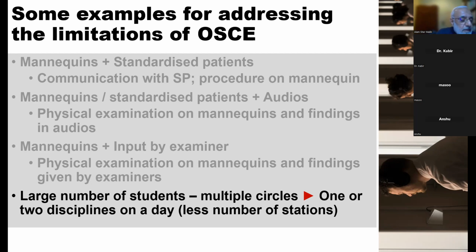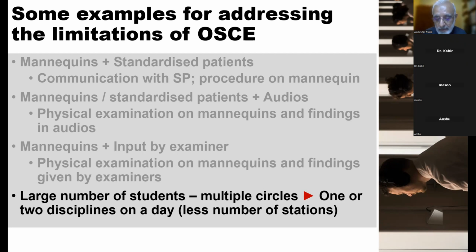If the number of students is large, rather than running multiple circuits, we can divide the stations based on the disciplines. For example, on day 1, students can do the OSCEs related to medicine or medicine plus surgery, and on day 2, they can do the other.